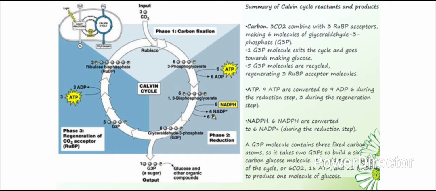A G3P molecule contains 3 fixed carbon atoms, so it takes 2 G3Ps to build a 6 carbon glucose molecule. It would take 6 turns of the cycle, or 6 CO2, 18 ATP and 12 NADPH to produce 1 molecule of glucose.